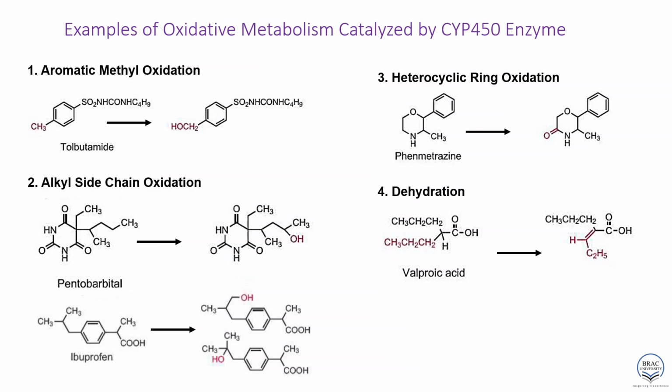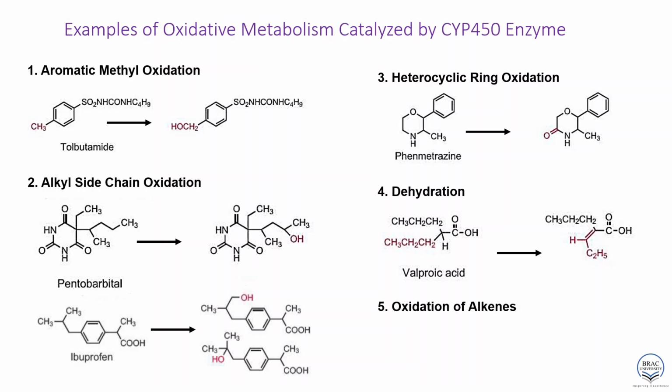Removal of hydrogen is also called oxidation. So in this way, this drug can be dehydrated or oxidized. As a result of oxidation, dehydration occurs. The oxygen molecule was mainly given by the P450 enzyme system.